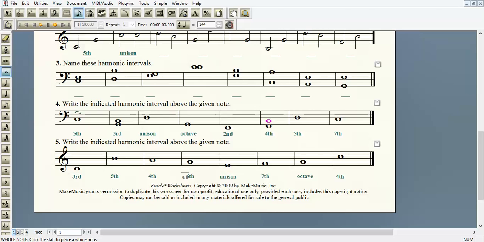So let's jump down here and do one of these. Let's do a sixth. Going from this G, where do I need to put the sixth? Do I put it right here? Do I put it right here? Do I put it right here? Or do I put it here? Think about what you know.